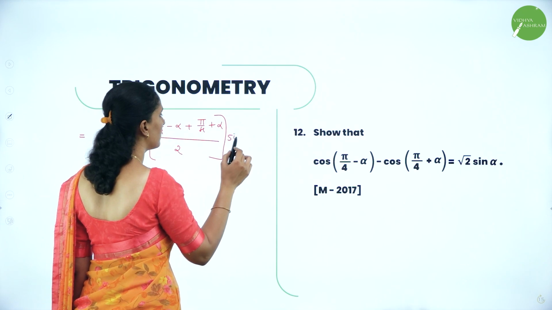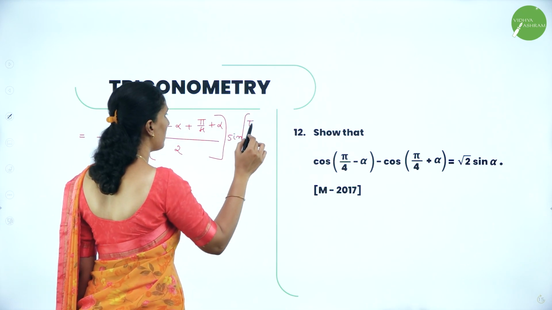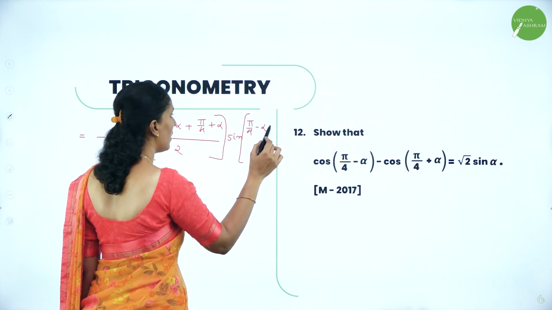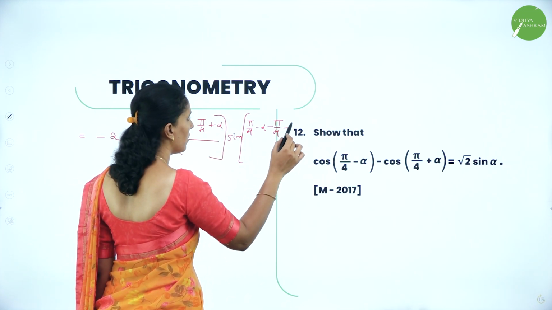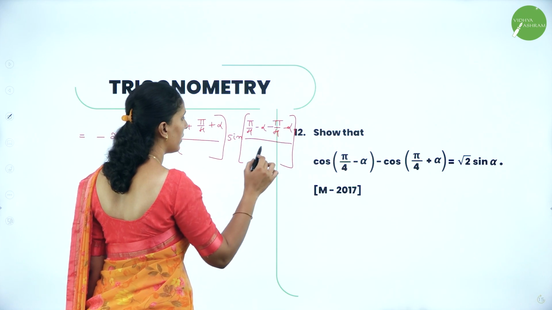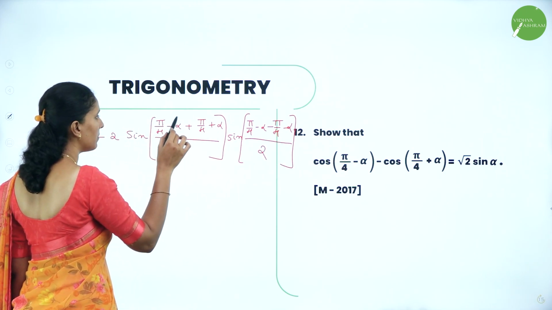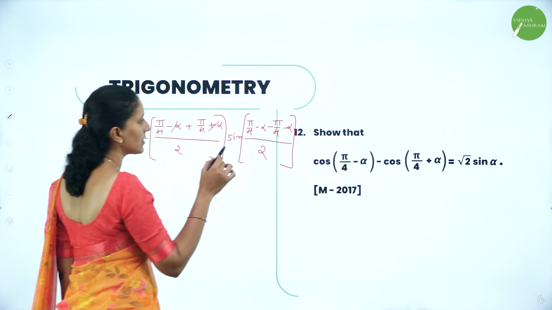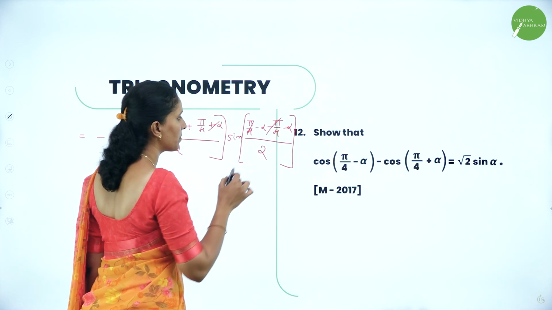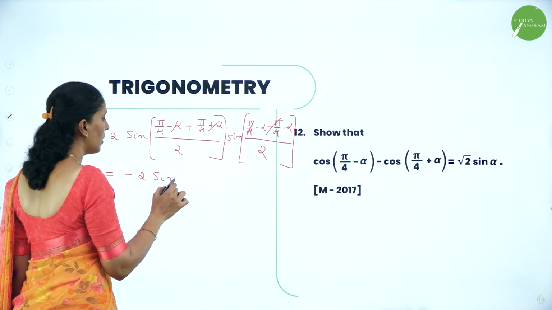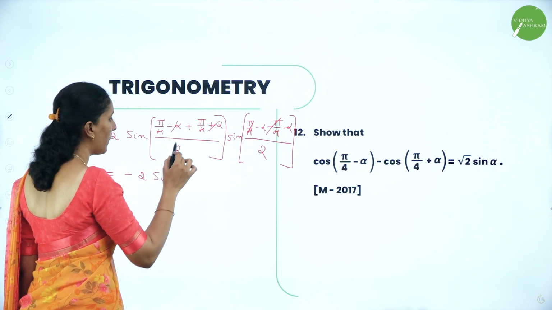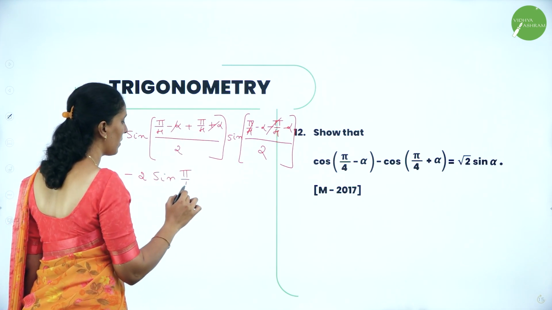Again sin((pi by 4 minus alpha minus pi by 4 plus alpha) divided by 2). Here minus alpha plus alpha get cancels. Here pi by 4 minus pi by 4 get cancels. So we get minus 2 sin(2 pi by 4 by 2), which becomes sin pi by 4.